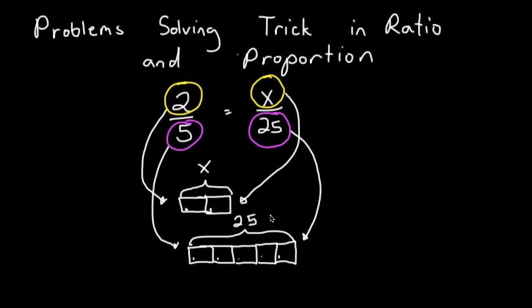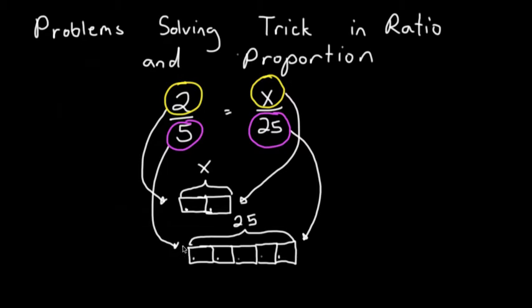So now what did I just do here? What I did is translate this equation into something that we can visualize. Okay? So what this means is that the 2 is to 5 is equivalent to x, which we don't know yet, is to 25.